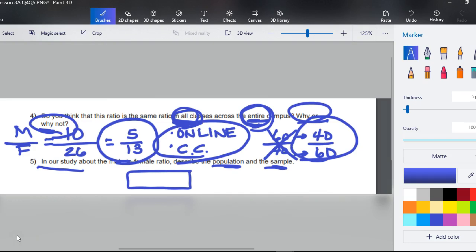The population is our entire campus. In this particular study, the population is the entire campus. The sample is our class.